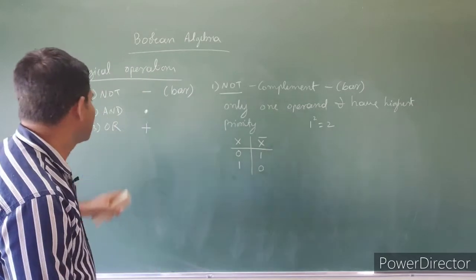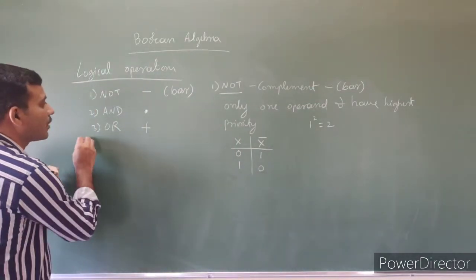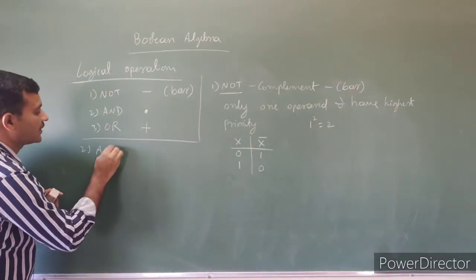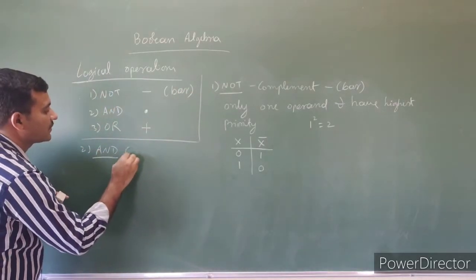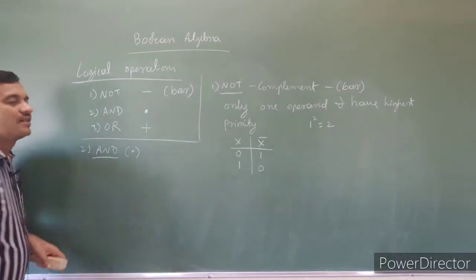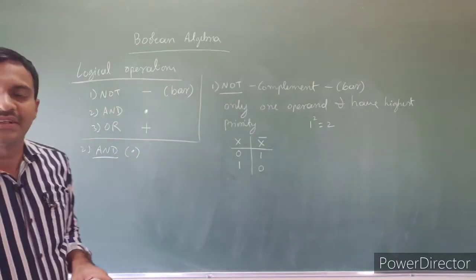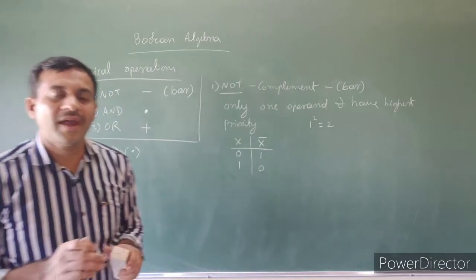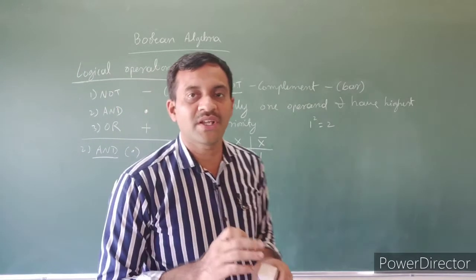Then let's consider the next one, that is the AND operator. The second one is AND. The symbol for the AND operator is a dot. Here the AND operator is a multiplicative operator.